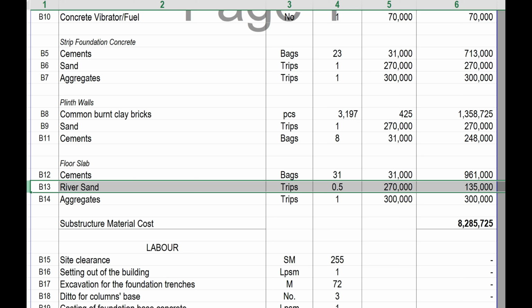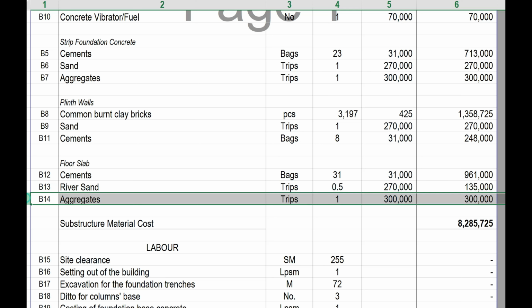Here you might need an elf, that is almost half of a forward. Then you also need aggregates. One trip of aggregates can be enough at a cost of, I think, probably 300,000.